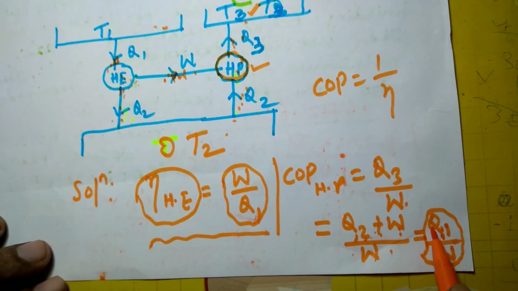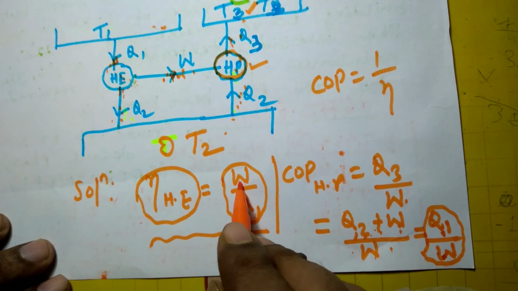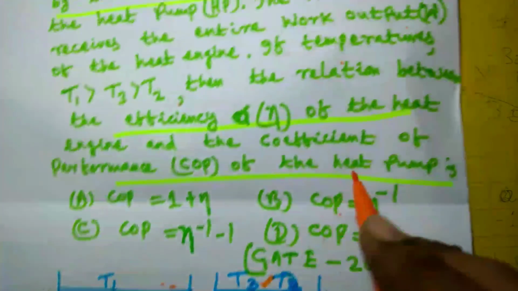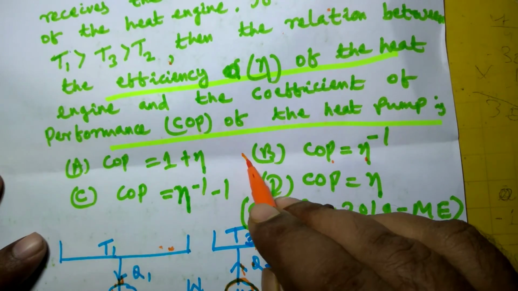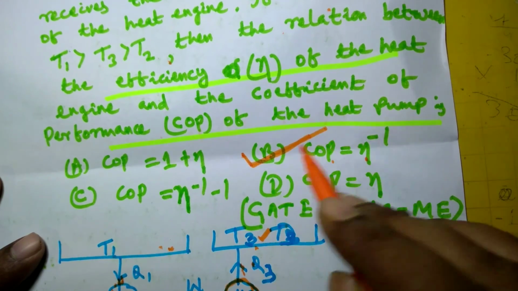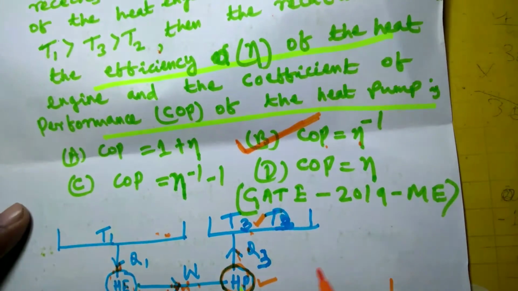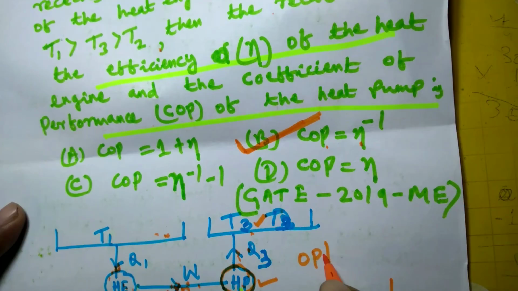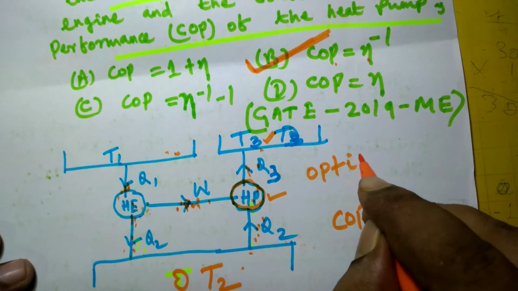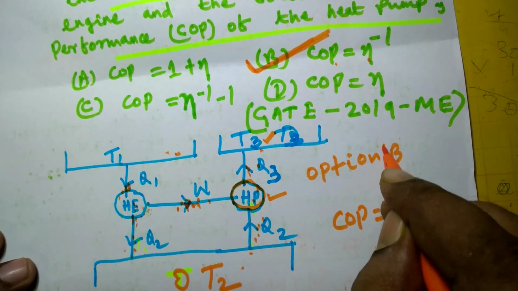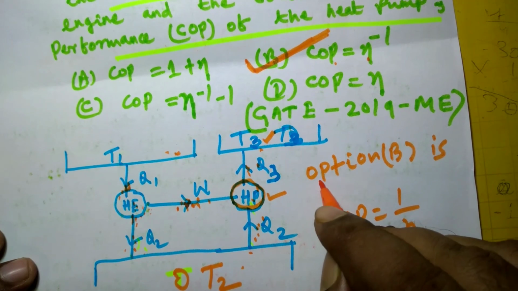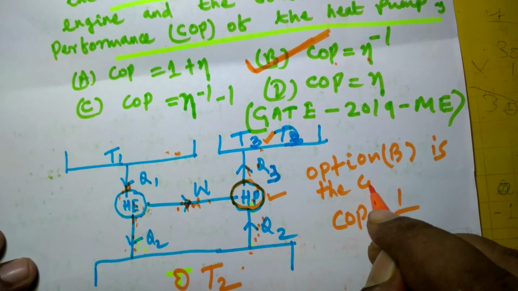So COP is Q1 by W and efficiency is W by Q1. So out of the given options, obviously option B is the correct answer.